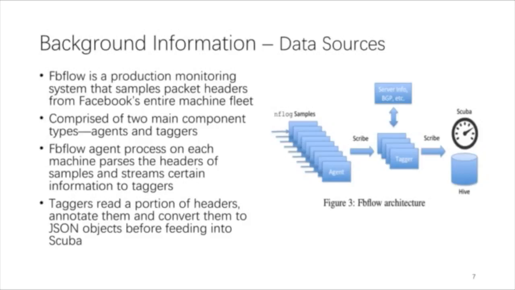And this system is comprised of two main component types, agents and taggers. FBFlow's agent process on each machine parses the headers of samples and streams certain information on to taggers. Then taggers will read part of that information and convert it and store it for further analysis.